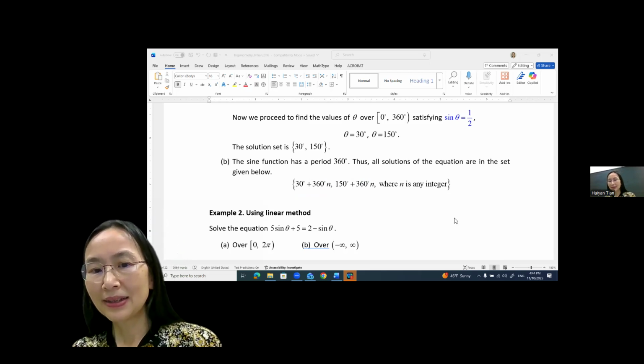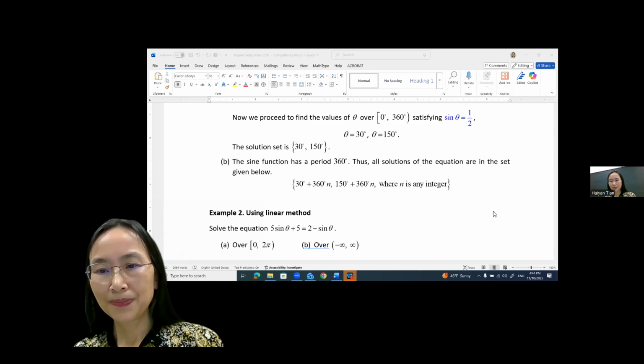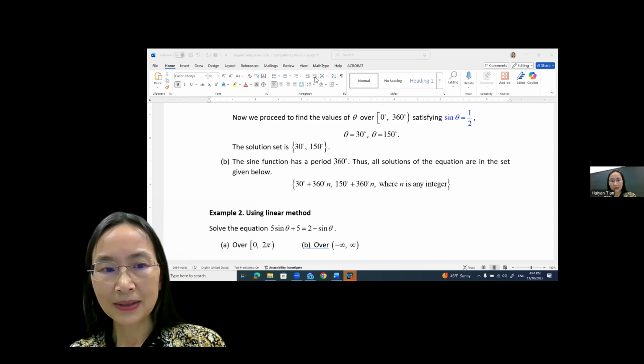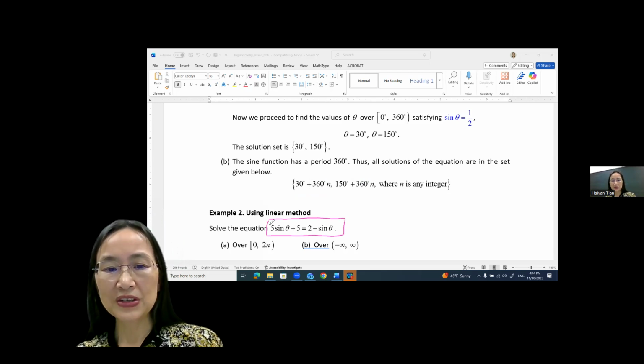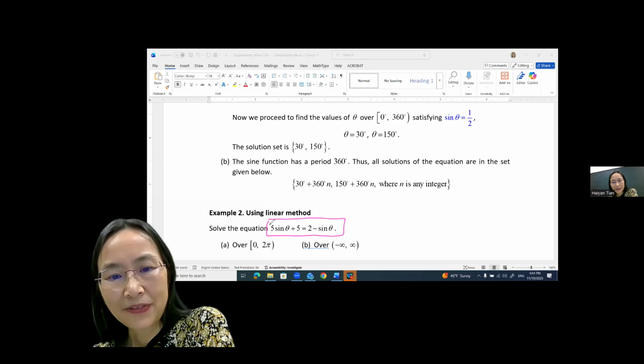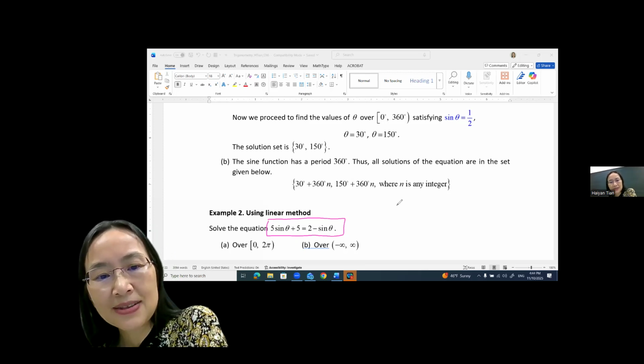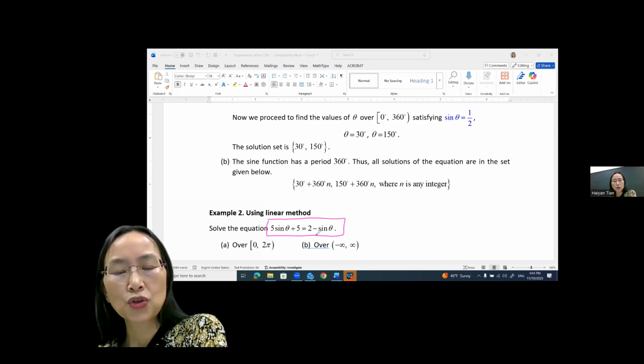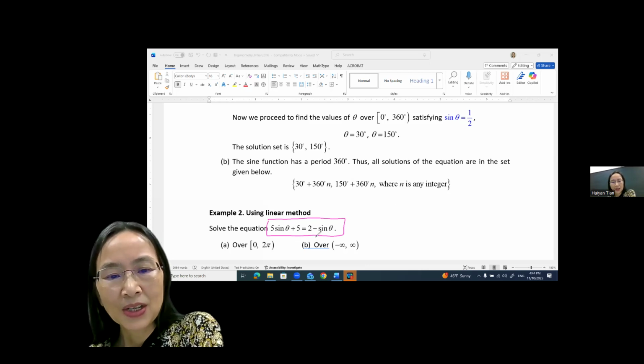Now let's look at another problem. Another equation involving sine is given. We see this equation as 5 sine theta plus 5 equals 2 minus sine theta.